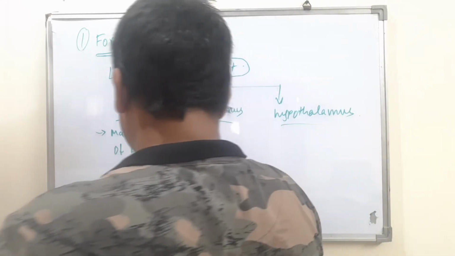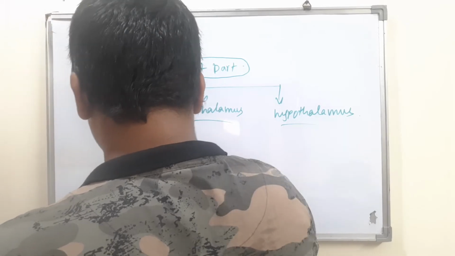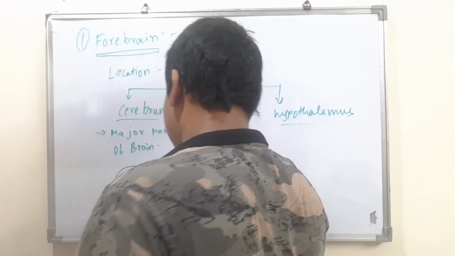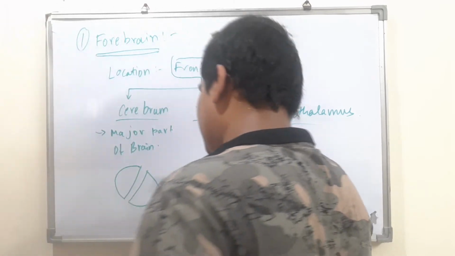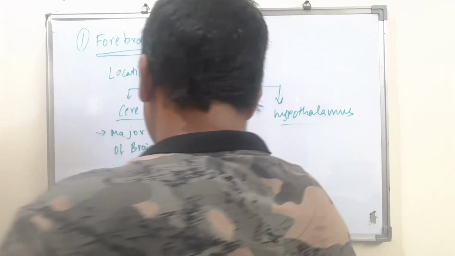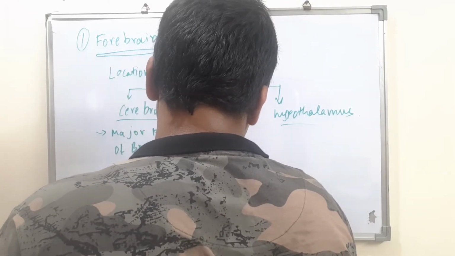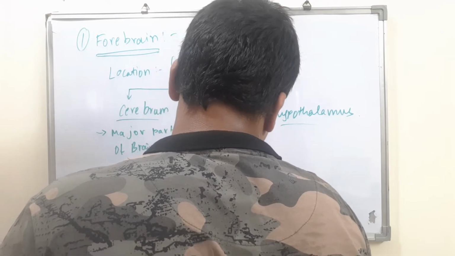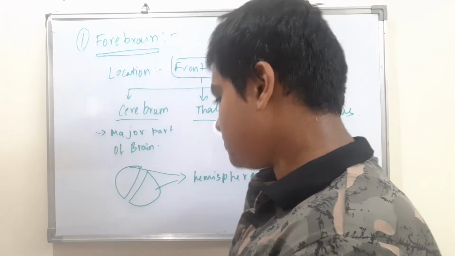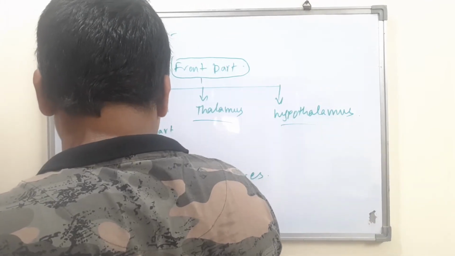With this deep cleft, the cerebrum becomes one half, this one. Before, the cerebrum was a sphere shape. Now we cut that sphere into two parts. What happens? Hemispheres. We call them cerebral hemispheres, and this part is your deep cleft.